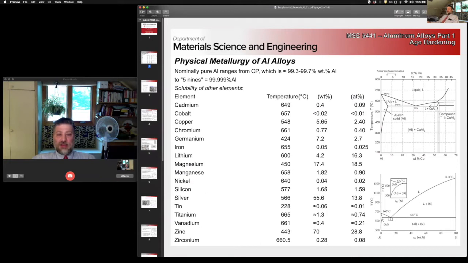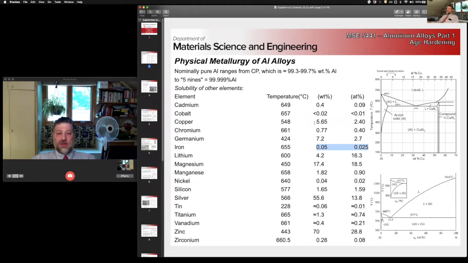Anything else is going to tend to form intermetallics or have very limited solubility, right? So aluminum iron has a strong ionic type attraction, and we get intermetallics that form, right?